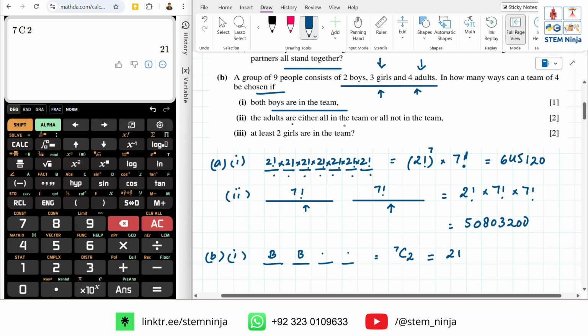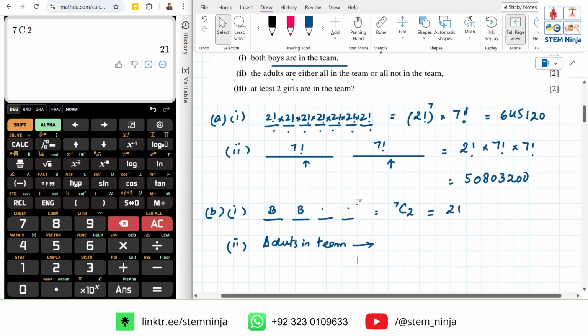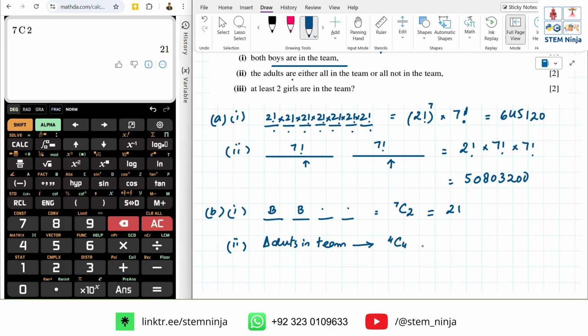The adults are either all in the team or all not in the team. So there are 2 possibilities. When the adults are in the team, you have 4C4, which would be 1.